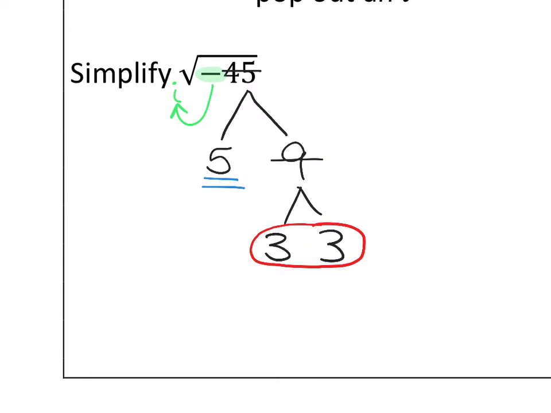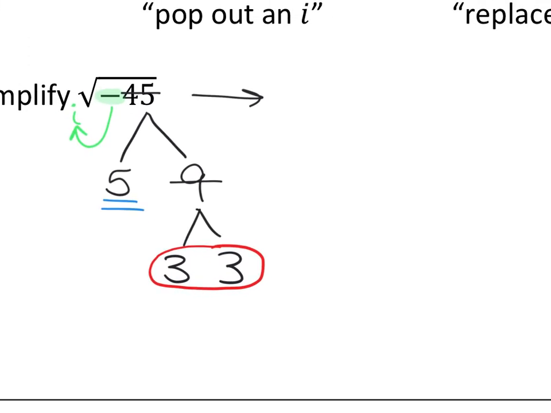Inside, which means when we reduce this square root or we simplify it, we're going to have an I in the front from the negative. We are going to have the 3 from the pair, and left over underneath the square root is going to be what number? 5.